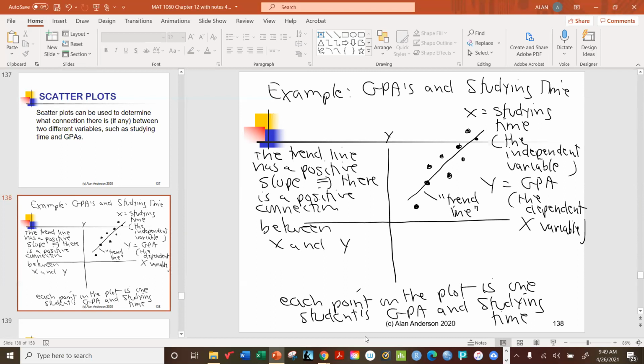So the point of this plot is that you can just glance at it and say, oh yeah, you're right. When X goes up, Y goes up as well.